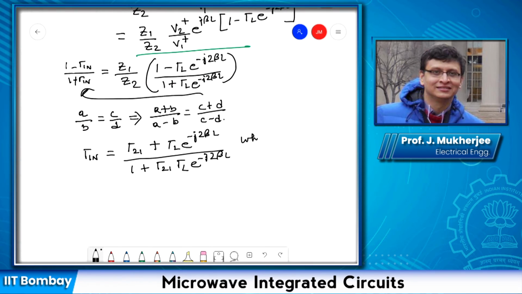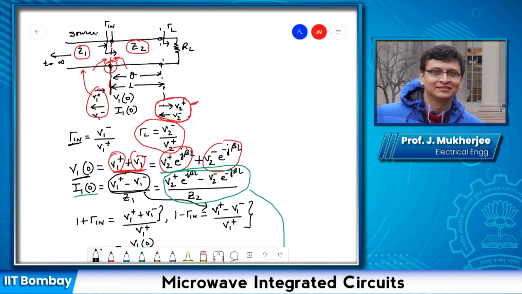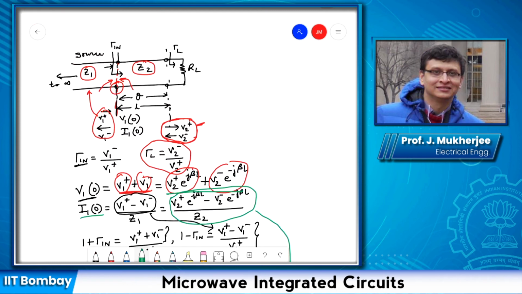Where gamma 21 is equal to, so this is once again, if I go back to my figure, the value of the input reflection coefficient here.